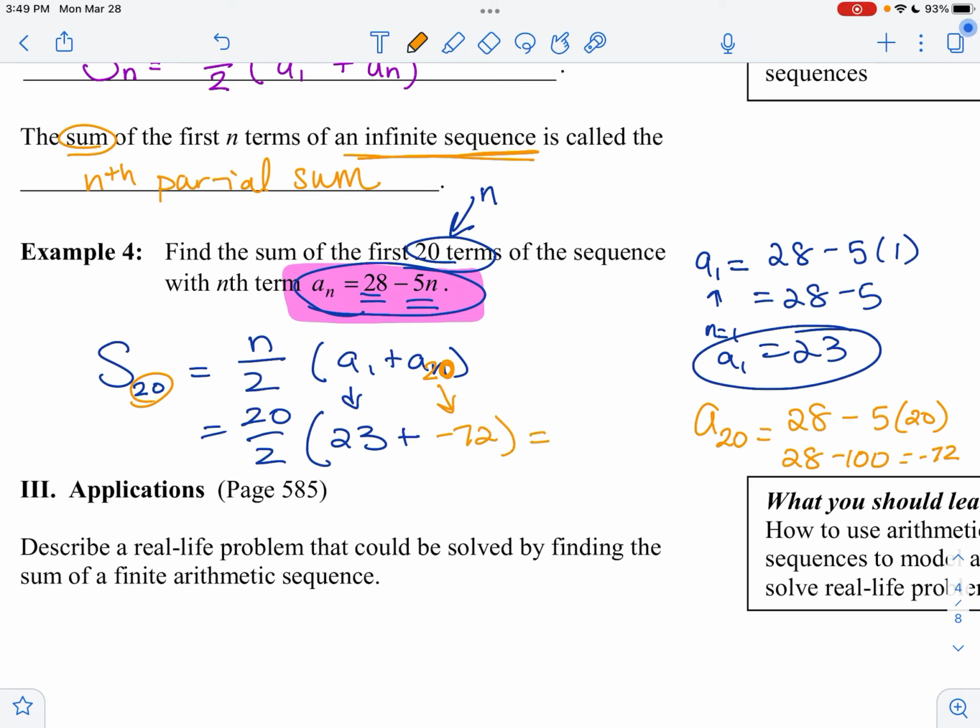If we add this up, 20 divided by 2 is 10, times 23 minus 72, or plus a -72, which is -49. And we get a total of -490. So our sum to the 20th term is -490. All right, that's it for today. See you back in class.